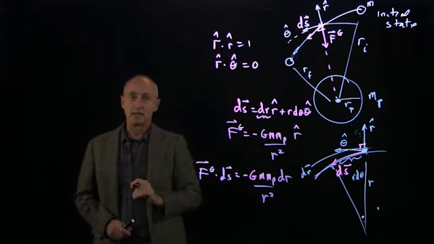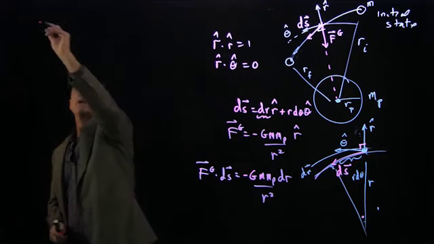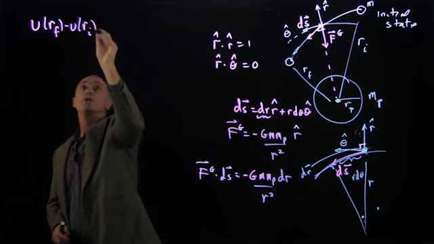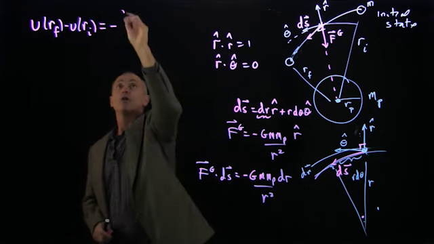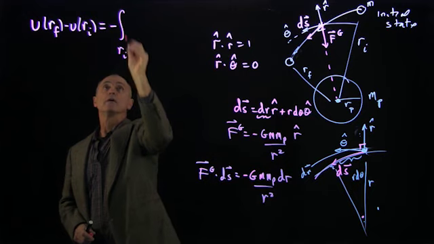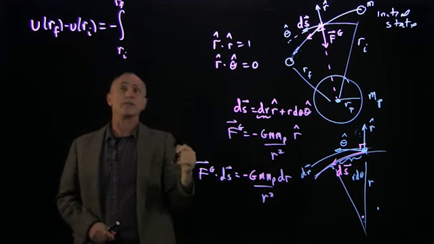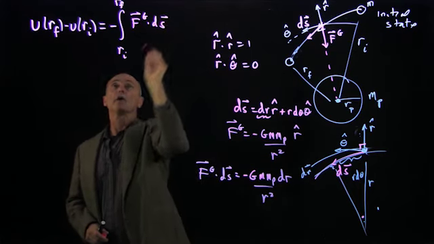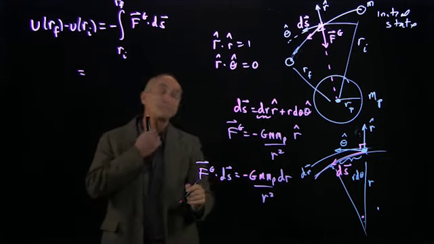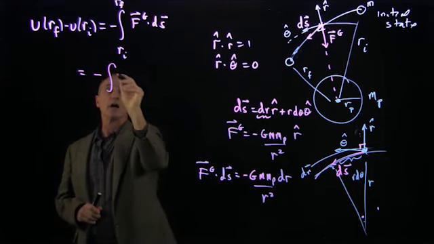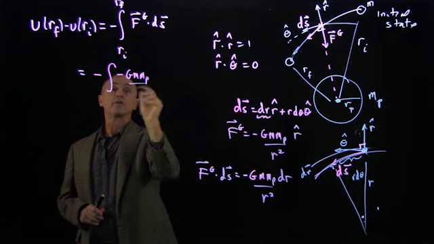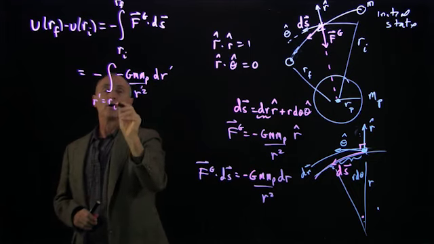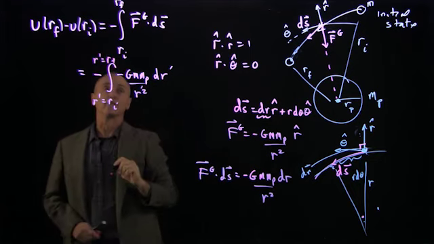And that's the first step in calculating our potential difference, because U of r final minus U of r initial, by definition, is minus the work done in going from the initial state to the final state, which are described by these parameters r initial and r final, of F gravitational dot ds. And now we have actually a minus sign in the definition, another minus sign coming from the dot product. And let's make this our integration variable, r prime, from r prime equals r initial to r prime equals r final.